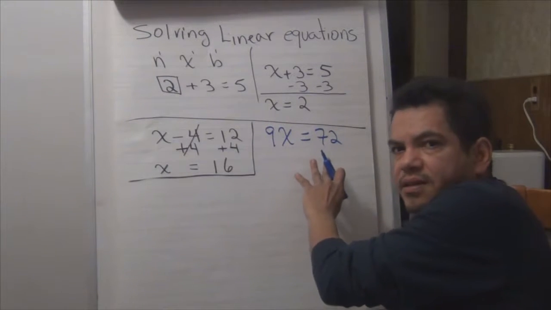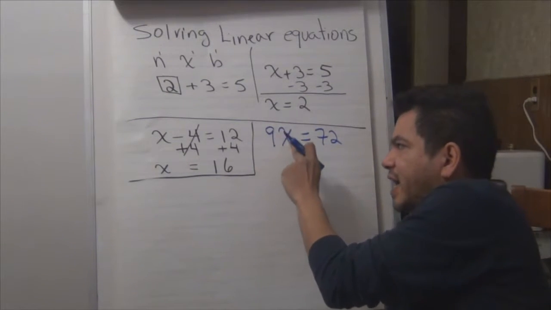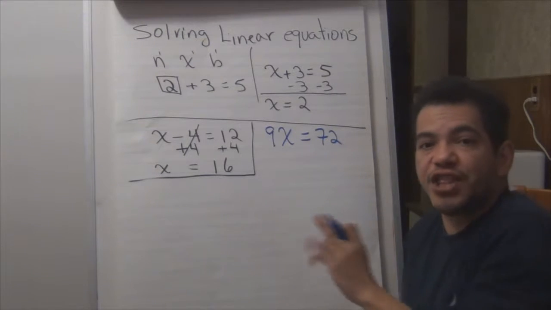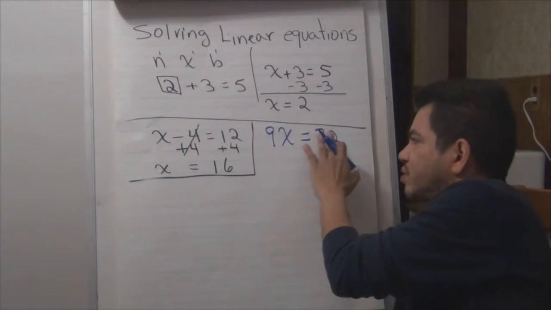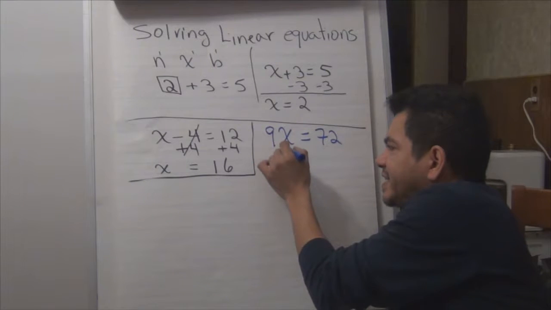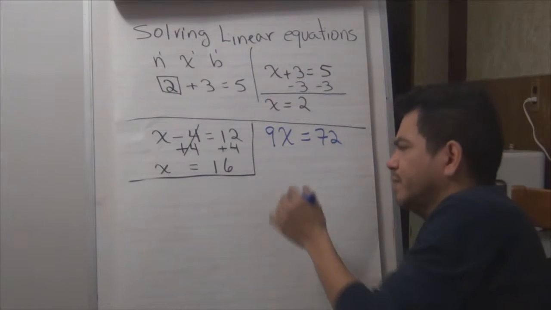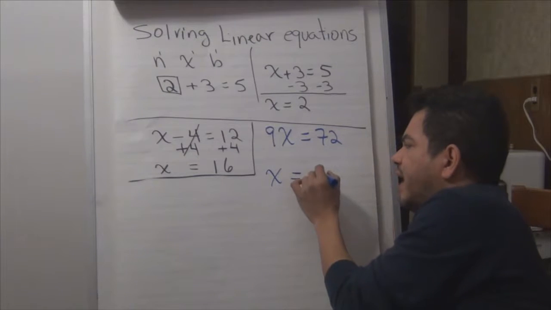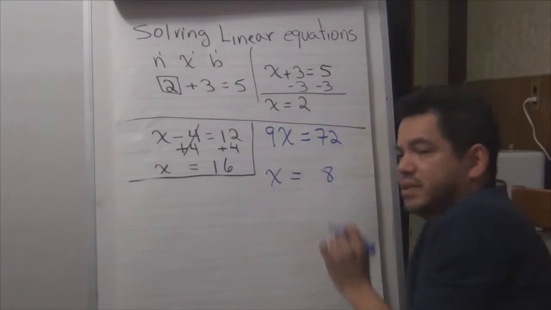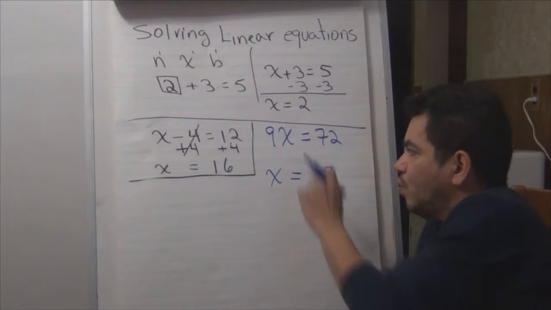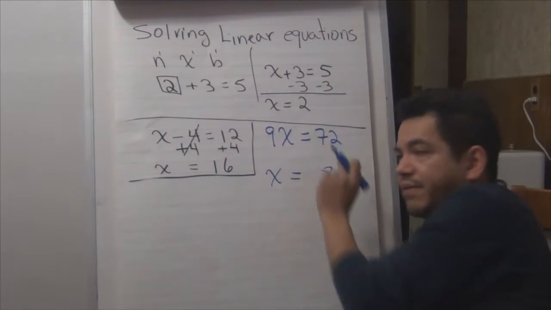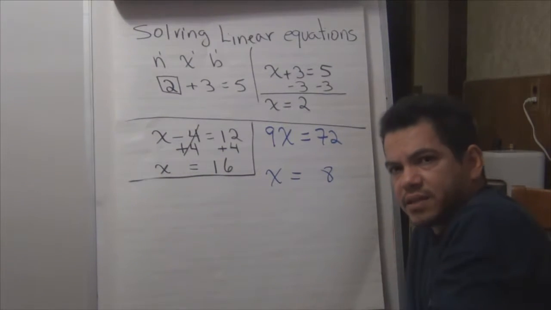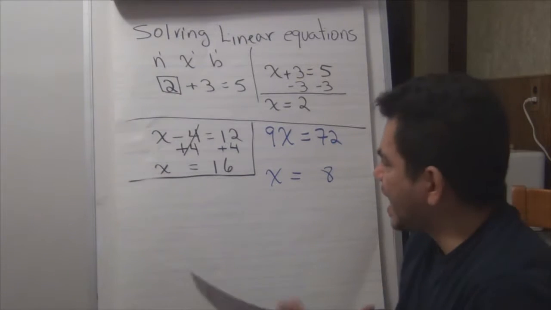How do I read this? You read it as 9 times x, 9 times a number, equals 72. So 9 times what is 72? Well, we definitely know that 9 times 8 is 72. So x has to be 8.